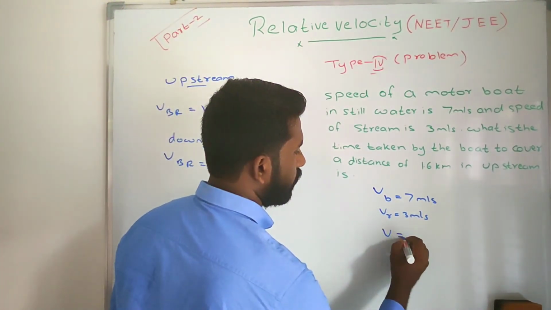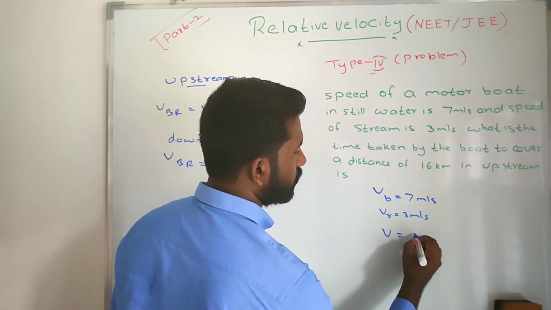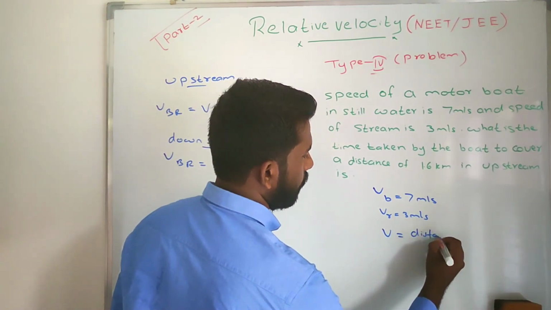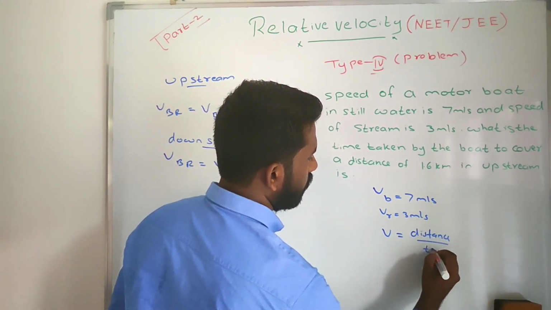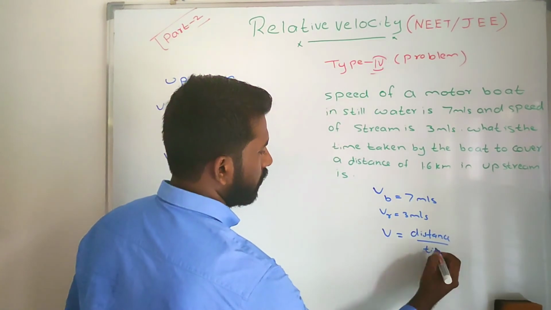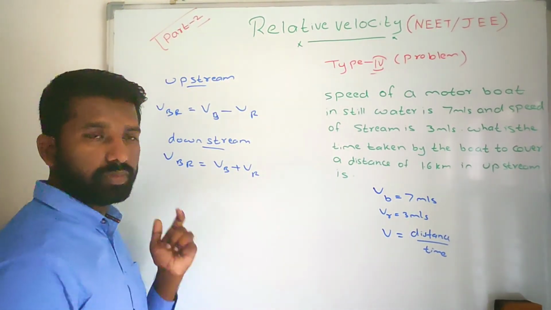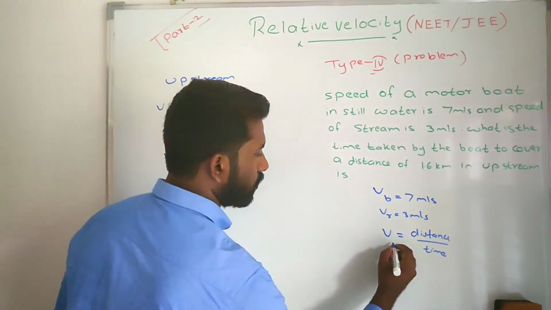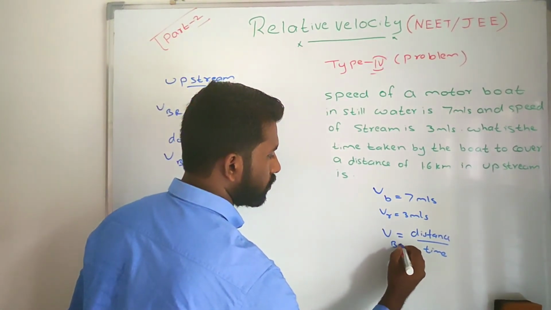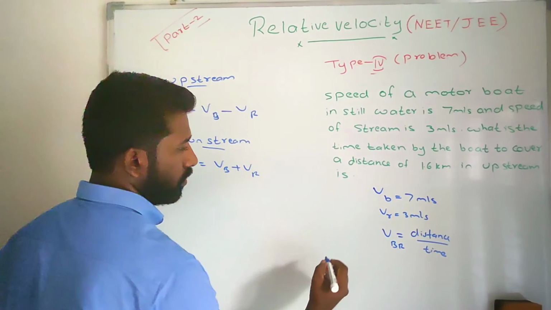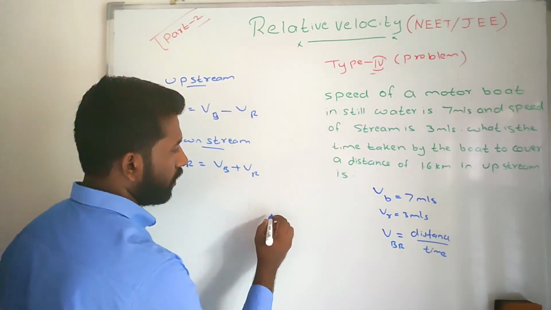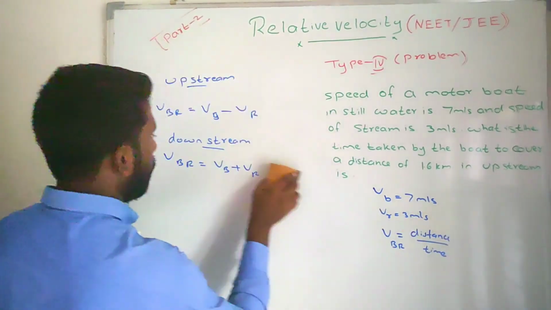So we know a formula: velocity is equal to distance divided by time. Here the boat is moving in which direction? It is in the upstream. That means we have to consider the boat velocity with respect to the river. So from this you can get the time.